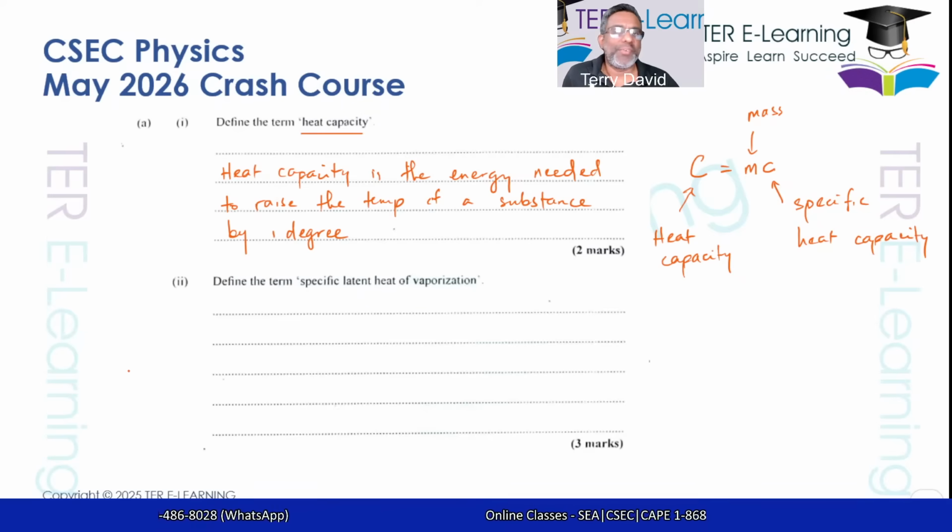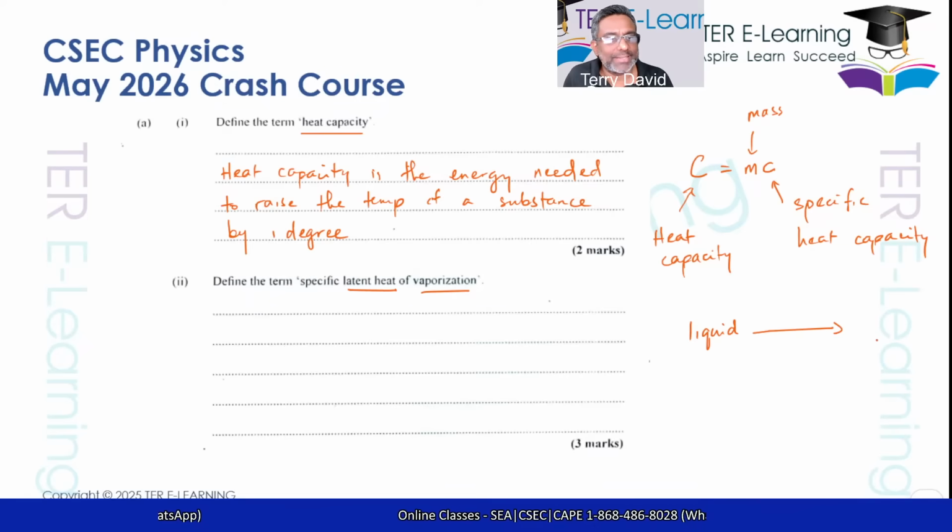Okay, now define the term specific latent heat of vaporization. When we speak about latent heat, and we're talking about vaporization in this case, you are taking a liquid and you are converting that into a gas. So whatever temperature you are at here, when you convert that into a gas, you are at that same temperature as well.